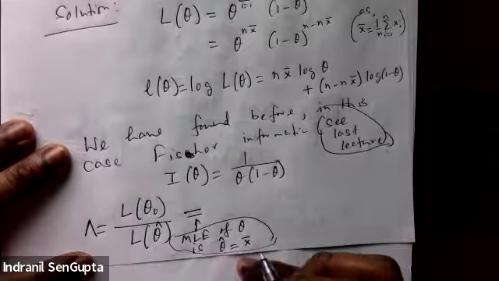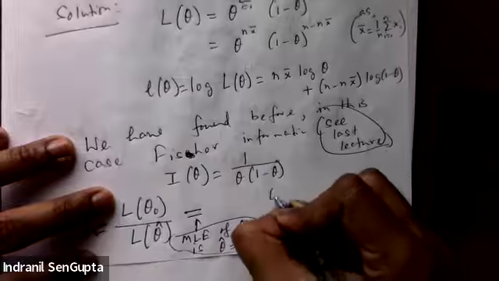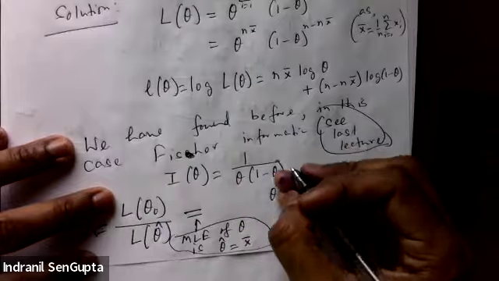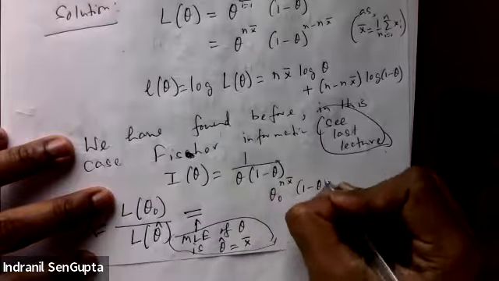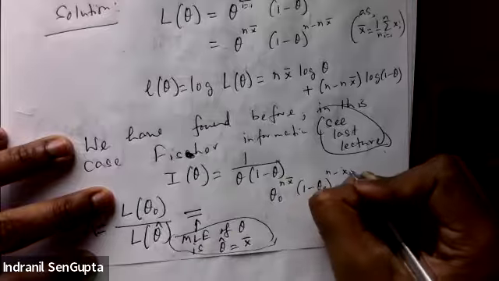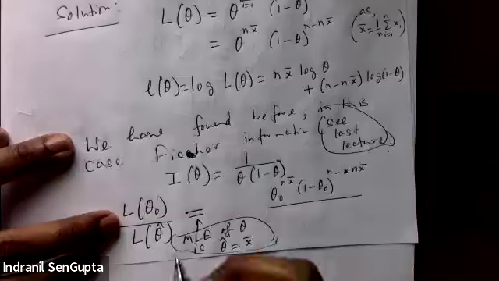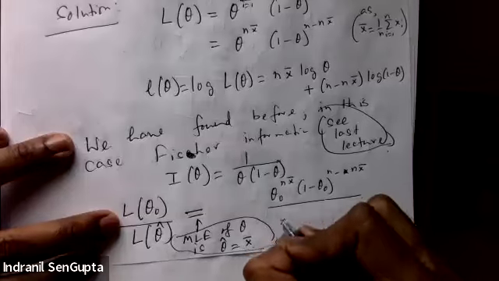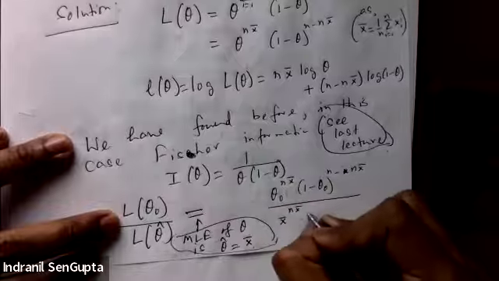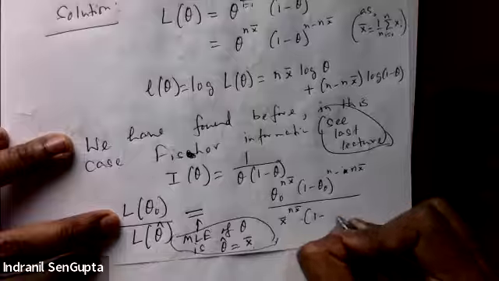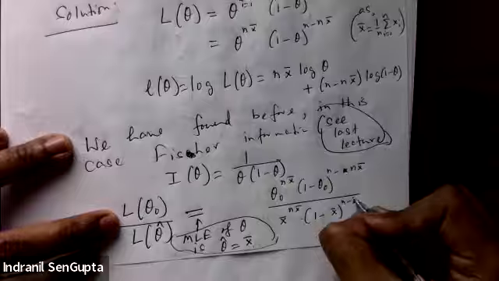So if I compute this, L of theta 0 is theta 0 to the power of n x bar, 1 minus theta 0 to the n minus n x bar, over, since theta hat is x bar, x bar to the n x bar and then 1 minus x bar to the n minus n x bar.